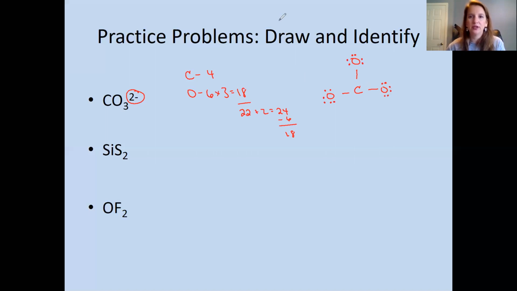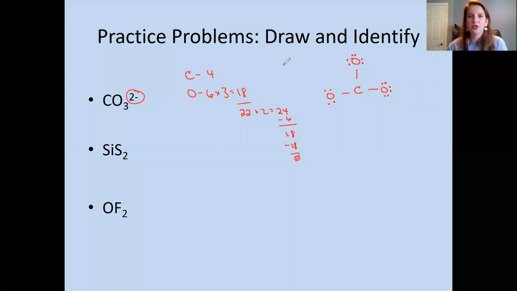So we have drawn and used all of our valence electrons, but don't forget step 5 to make sure everything is happy. Each oxygen has 8 valence electrons around it now, but the carbon only has 6. So we want to make sure we erase a lone pair, whoops, and let me add that dot back.